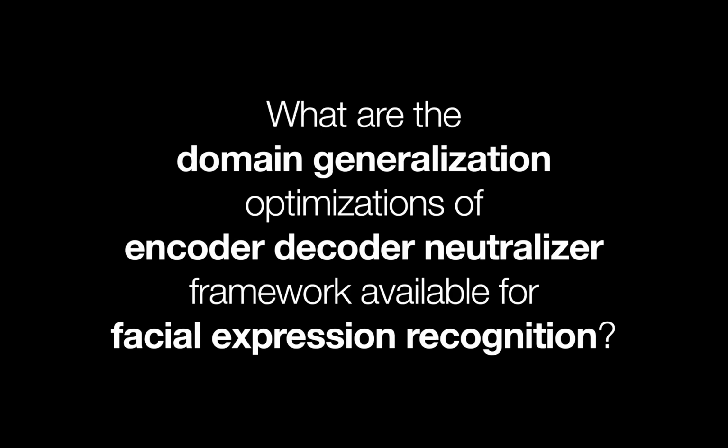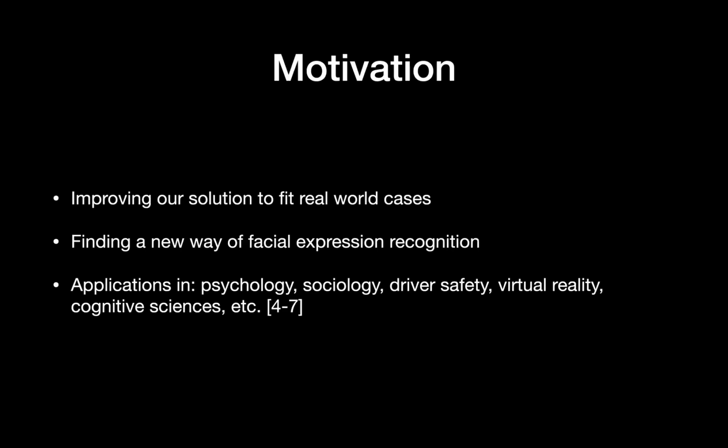We have built a model for this task, which we call encoder decoder neutralizer. This model works poorly in real life cases. So we want to add some domain generalization optimizations or improvements, one might say, to make the model fit real world cases. So this is our motivation behind the research.